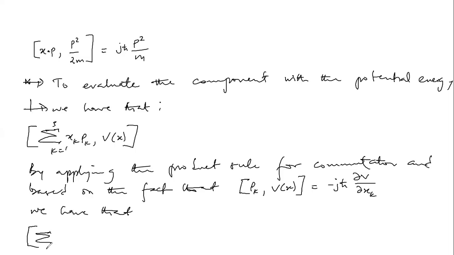sum over k taking on values from 1 to 3 of S_k p_k with the potential energy will be the same as the sum over k taking on values from 1 to 3 of S_k times the quantum bracket between the momentum and the potential energy.